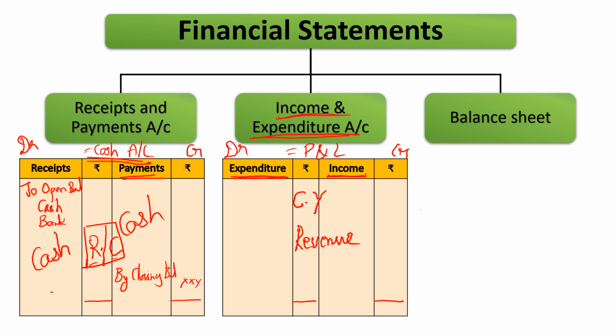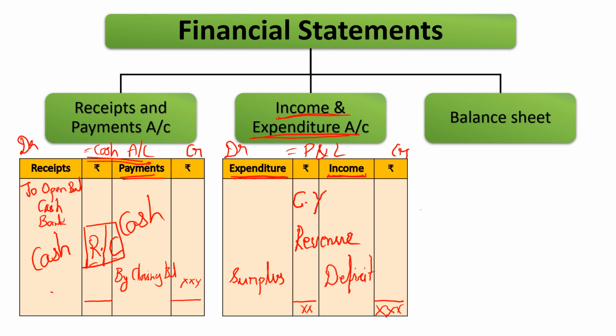That's why if our income is more than our expense, the profit is called surplus here. Excess of income over expenditure is surplus. If your expenditure is more than your income, you will have the deficit, that is loss.